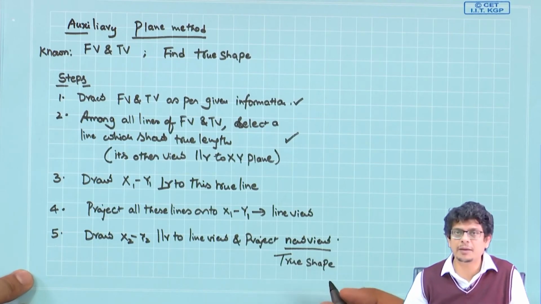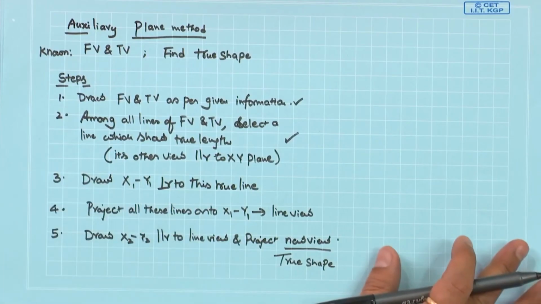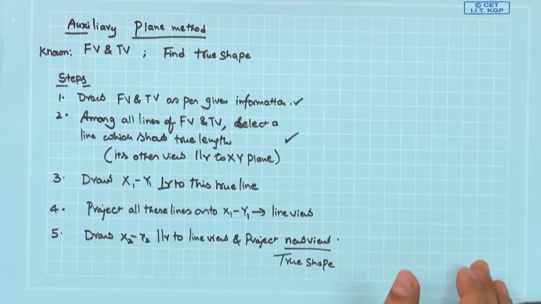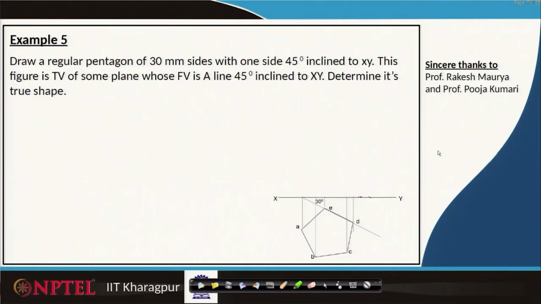Let us take an example, look at these steps. For example, on this slide, draw a regular pentagon of 30 mm sides with one side 45 degrees inclined to the xy axis.